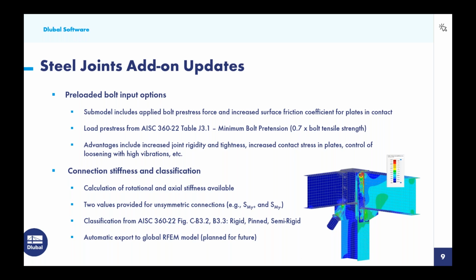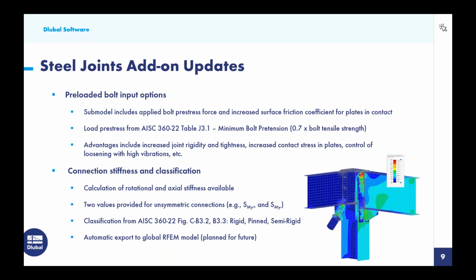In addition, we're going to see an increased surface friction coefficient for those plates that are in contact. Now, the load pre-stress within that submodel does come from AISC table J3.1, and we're going to reference that 0.7 factor times the bolt tensile strength.